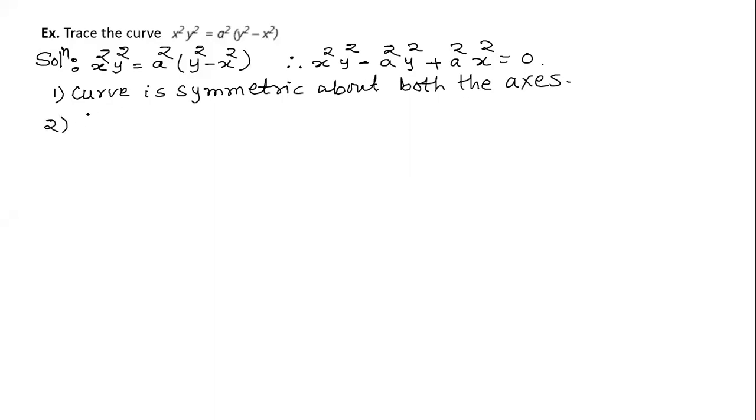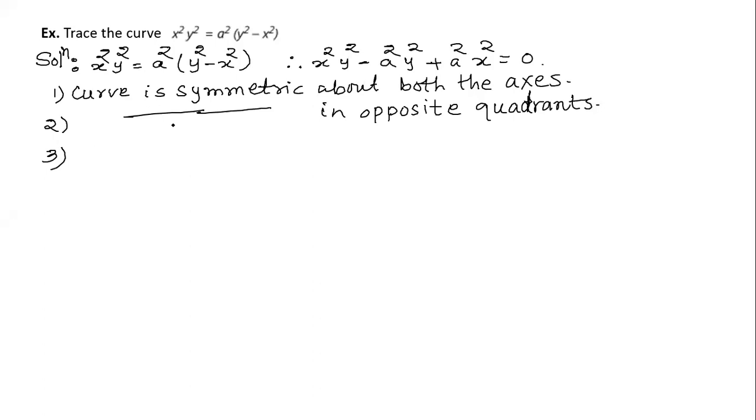So definitely the curve is symmetric in opposite quadrants. As the first two properties are satisfied, the fourth has to be satisfied. Property 3 is interchange x and y. After interchanging, we get y square into x square minus a square into x square plus a square into y square. We are not going to get the same equation, so that is not satisfied.